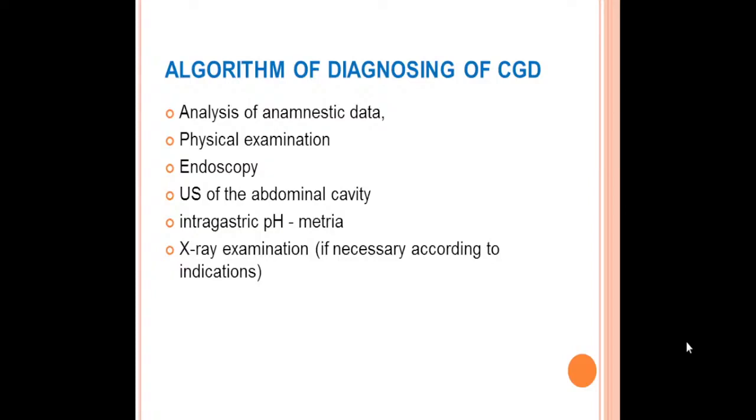Intragastric pH-metry is very important, because this method helps to differentiate patients with hyperacid, hypoacid, or normal hydrochloric acid synthesis. X-ray examination. In the 21st century, endoscopic and ultrasound methods are very popular.